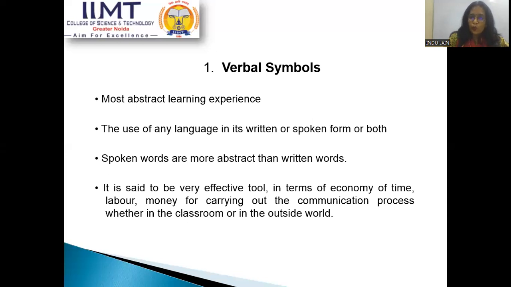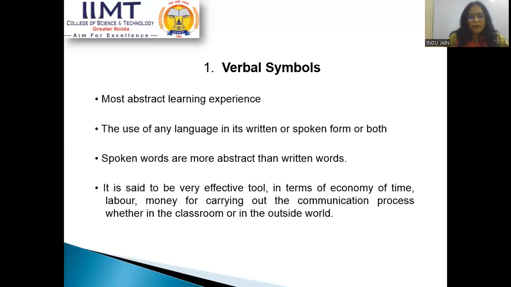It is quite true that if we listen to words, we cannot remember them for a long duration of time. But if we read certain words with full concentration, then we can remember those words or symbols for a longer duration of time.